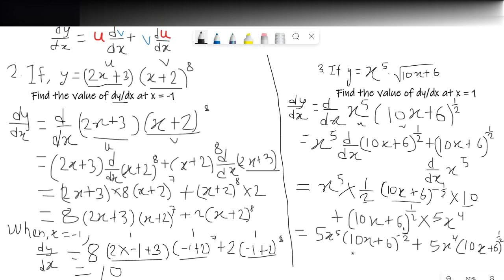Now the only thing left is substituting x into our expression of dy by dx, and we will be done.